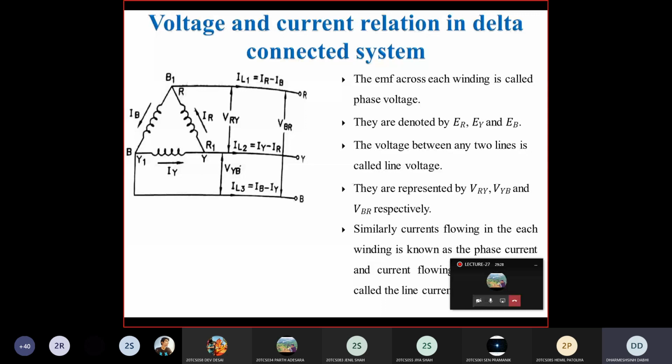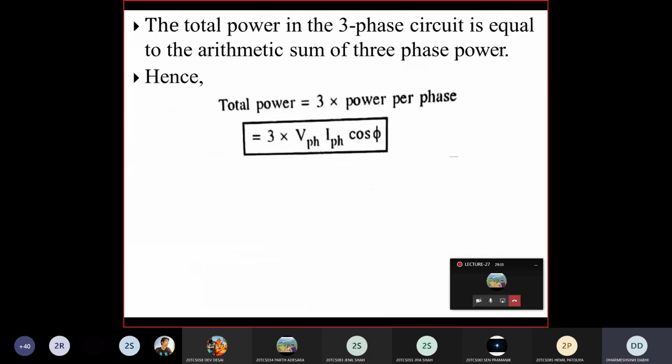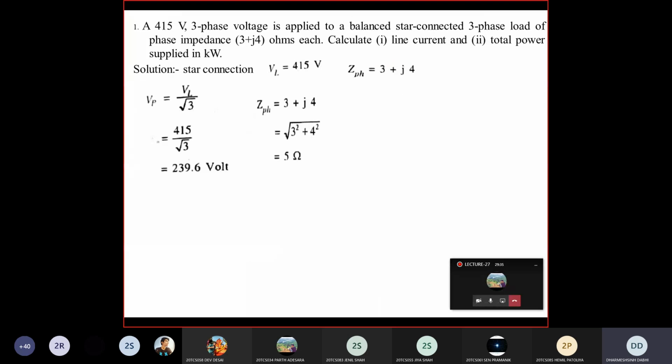So phase current IPH is phase voltage divided by phase impedance, 239.6 divided by 5, that is 47.92 ampere. And your line current is equal to phase current, so line current is also 47.92 ampere. Clear all of you?